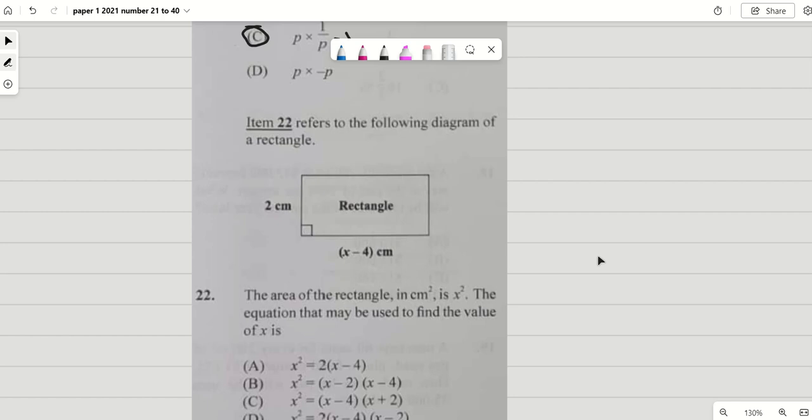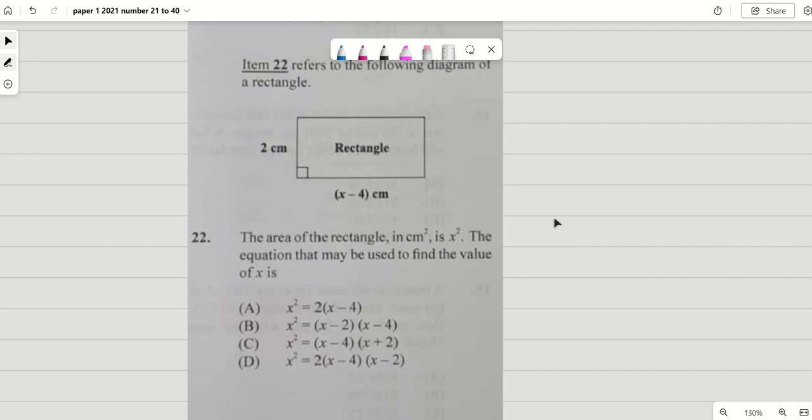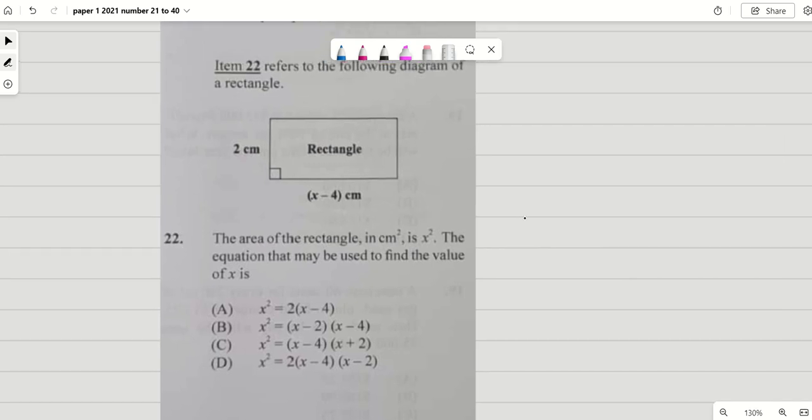Item 22 refers to the following diagram of a rectangle. The area of a rectangle in centimeters squared is x squared. The equation that may be used to find the value of x is, so first off, we know area. Area of a rectangle is equal to length times width.